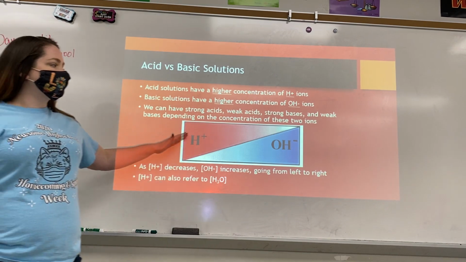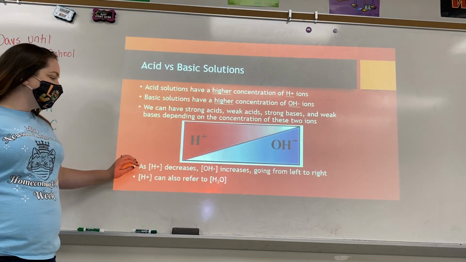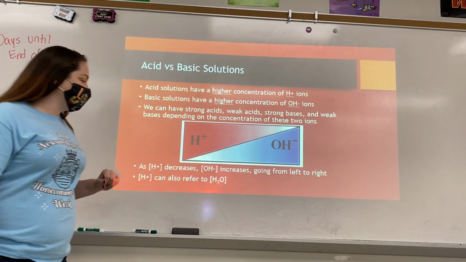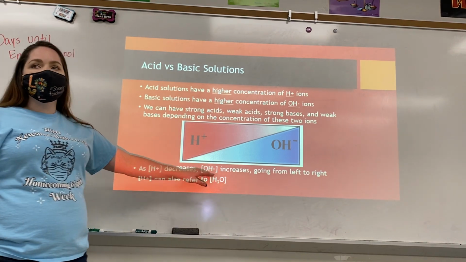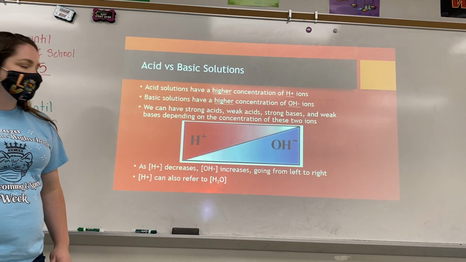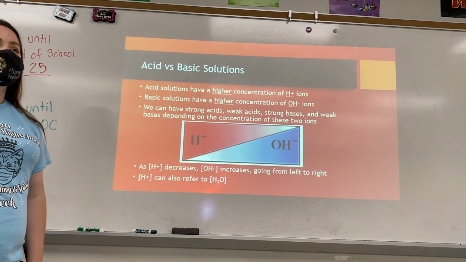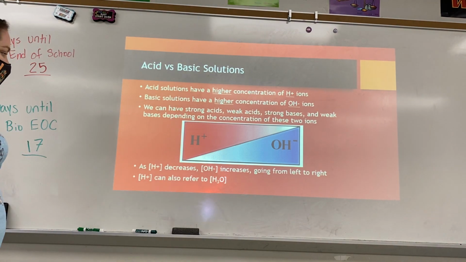As you move from left to right, your concentration of hydrogen ions is going to decrease, and your concentration of hydroxide ions, which is OH minus, is going to increase, causing you to go from an acid to a base.